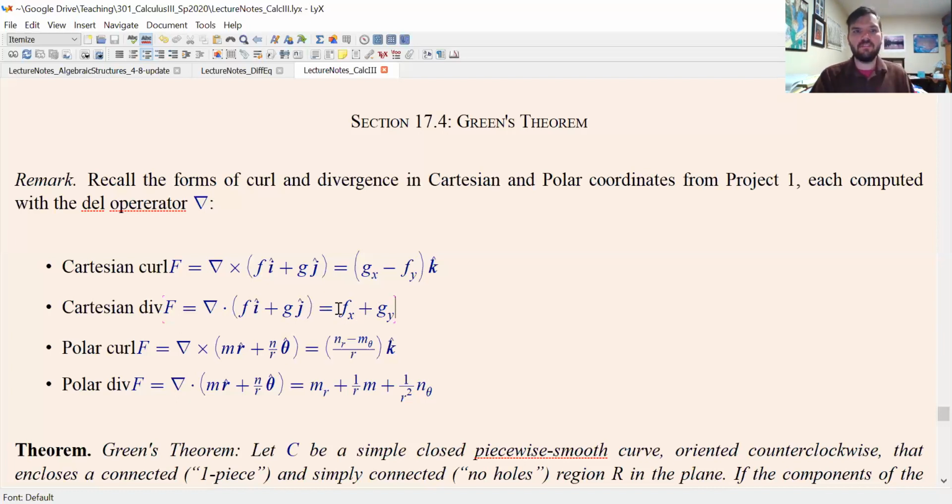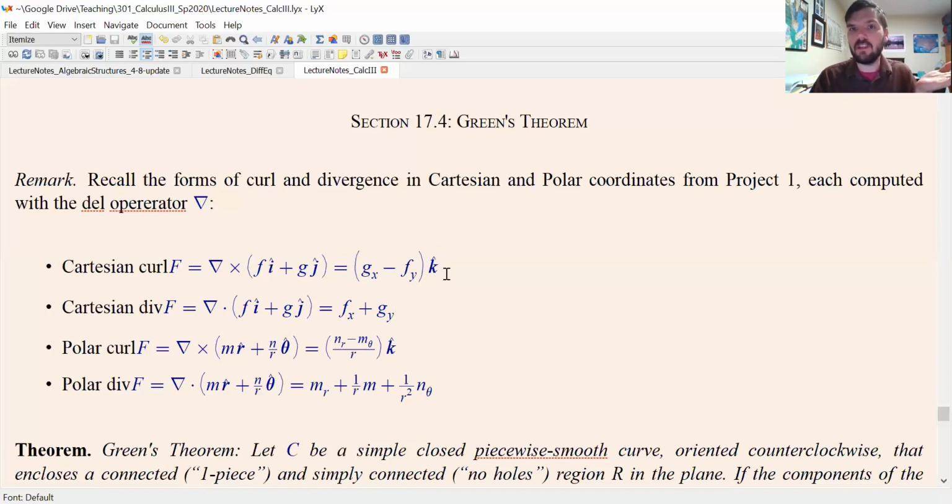So we can think of the divergence as the sum of the aligned variables, like the x partial of the x component plus the y partial of the y component, whereas the curl is the difference of the mixed partials, the x partial of the y component minus the y partial of the x component.